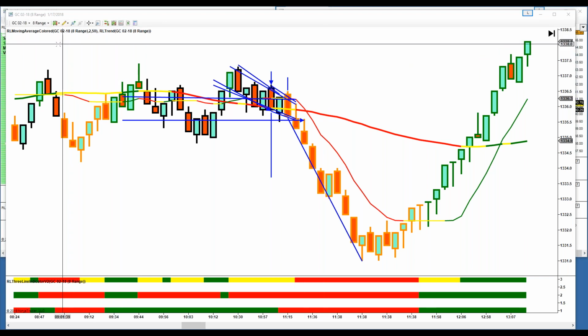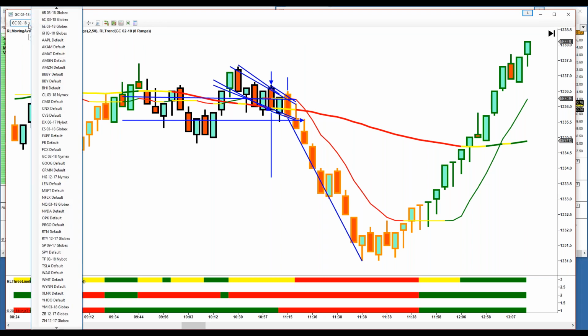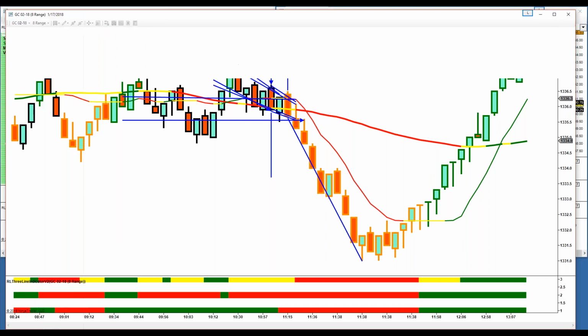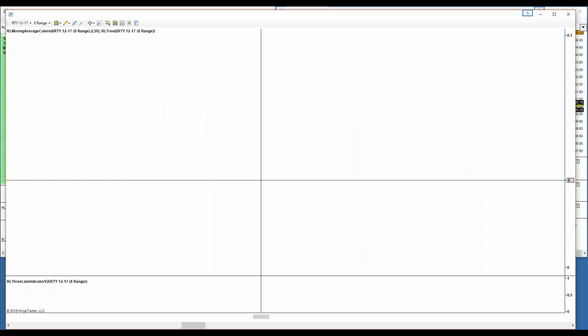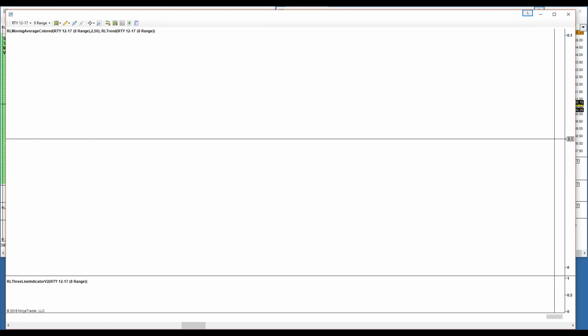Now, first, let's look at the Russell. Here's the Russell. I'm not getting any data. Here's the reason why. Hang on 1 second. I have to change the Russell month since we don't use it.